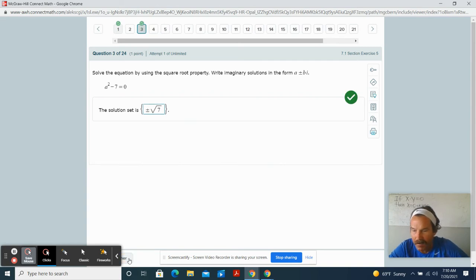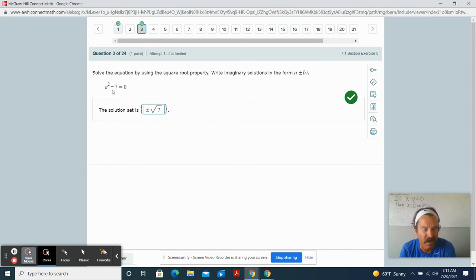Okay. Why do we need to use the square root property? Well, these binomials aren't factorable. They aren't able to be factored.